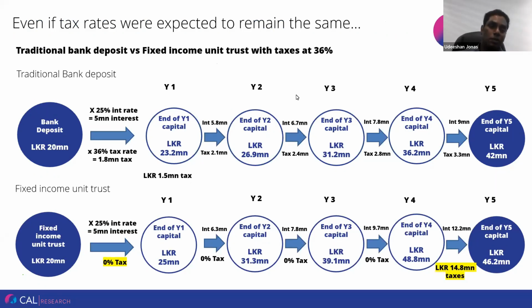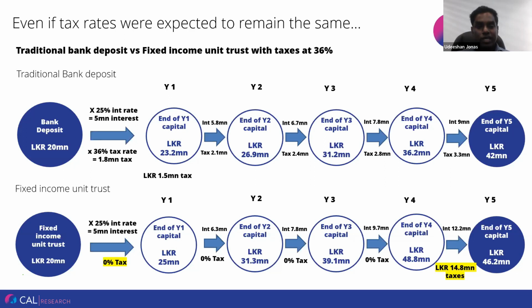But let's say, for example, the tax rates are expected to stay at the same 36% as the current level. In year 5, no change in taxes. The bank where you're putting 20 million will obviously give 42 million in year 5. But even if you assume that the 36% tax is going to stay, the 20 million that you invest in the fixed income unit trust will only have to pay tax of 36% in year 5, right?